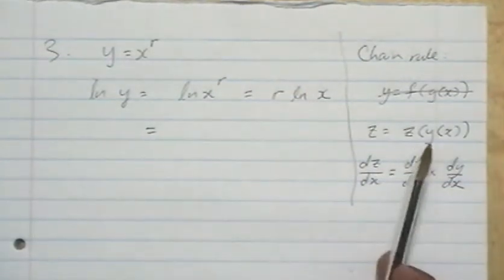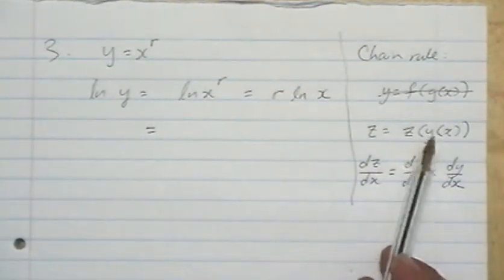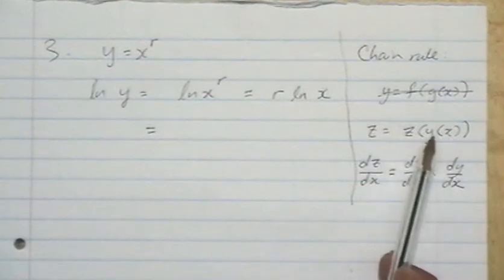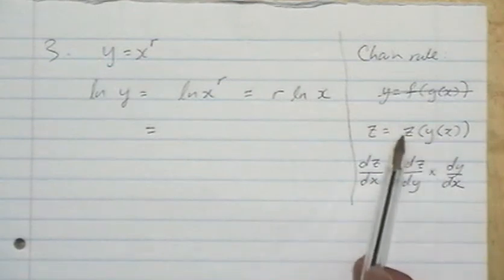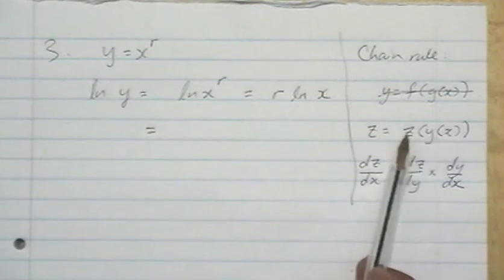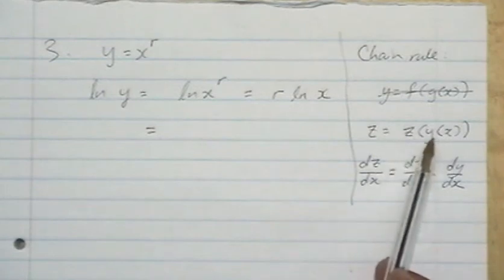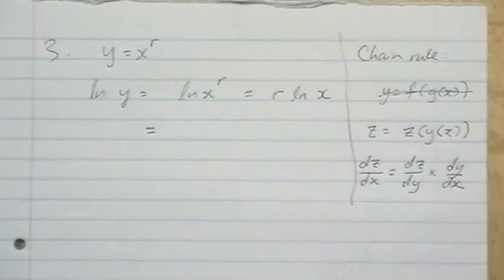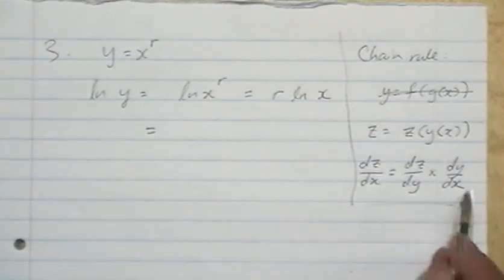So first I differentiate with respect to the first function, which is the variable of z, and then I have to differentiate y with respect to its own variable. So that's the chain rule.